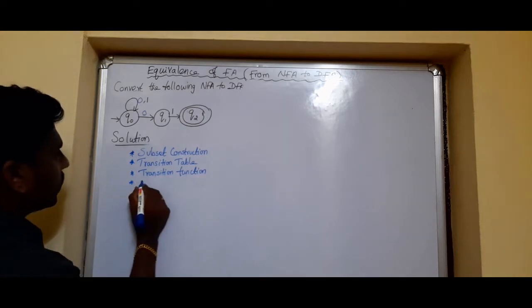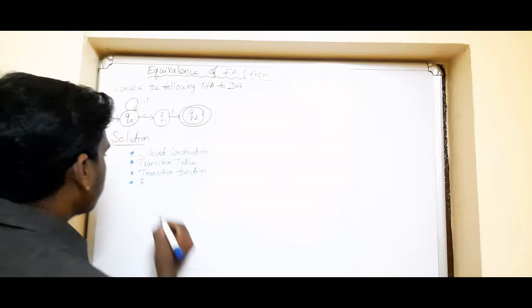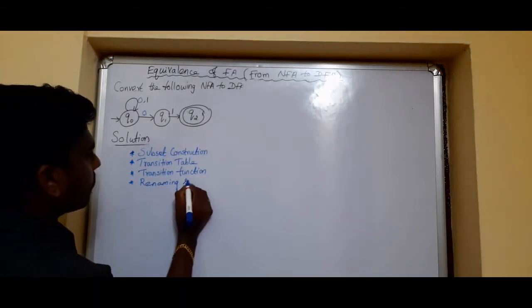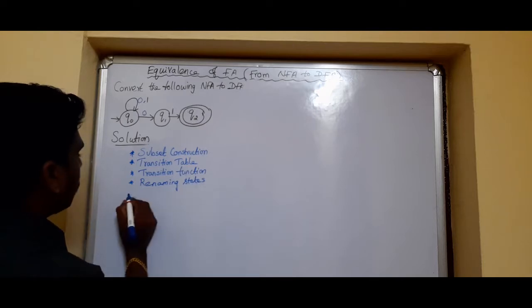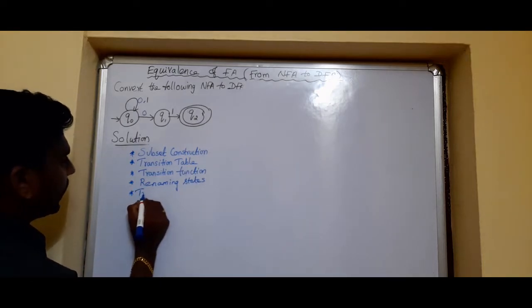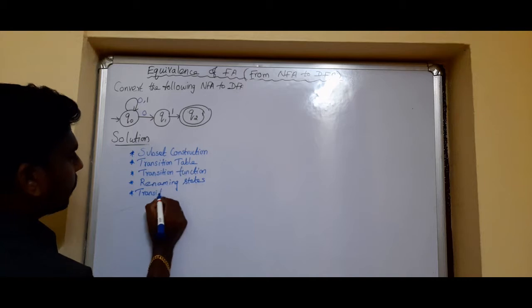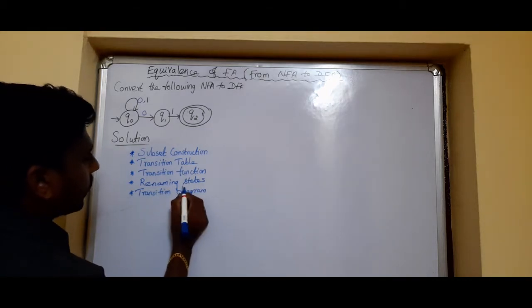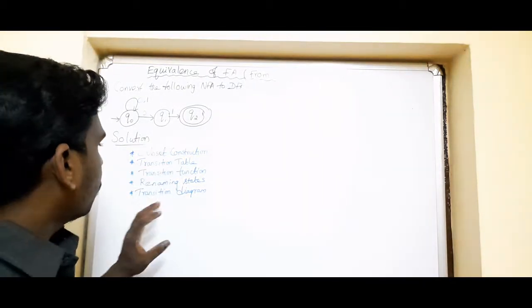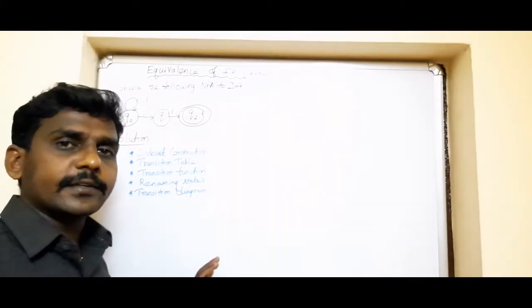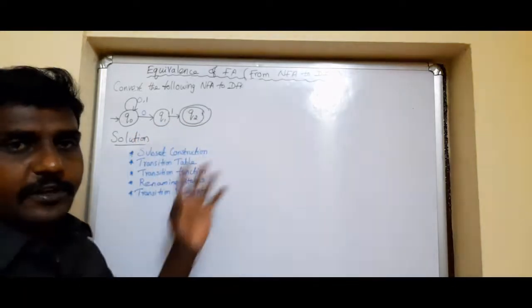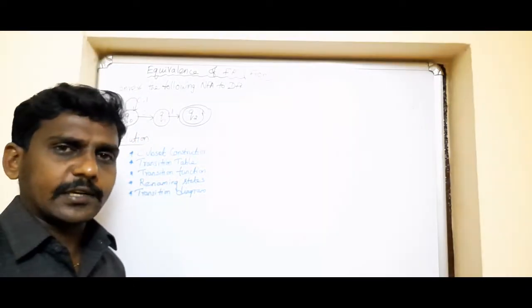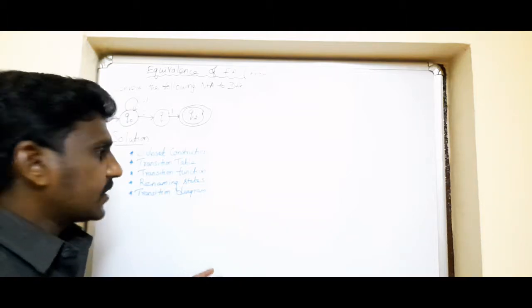Fourth one is renaming states. And last one is transition diagram. If you follow these five steps, you will get the NFA to DFA conversion. Renaming states is an optional step. I will tell you why we have the renaming of states.